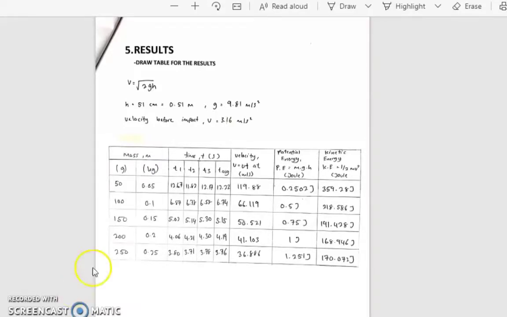We can also see they give the height, which is 51 cm, and we need to convert it to meter. We need to find the values for time average, velocity, potential energy and kinetic energy.